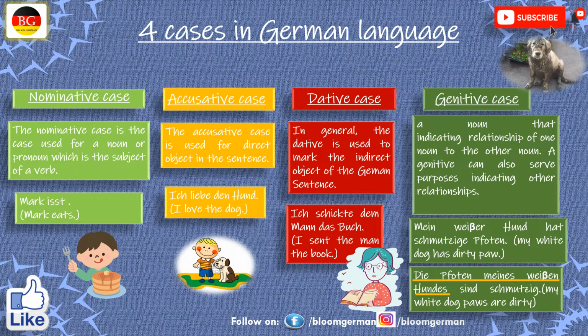So this is representing a genitive case, belongingness, the dirty paws of my white dog. One more example: die Spiegel meines Autos sind teuer. The mirrors of my car are very costly.